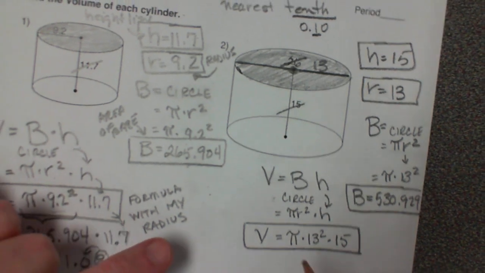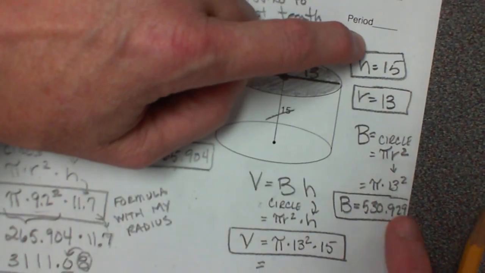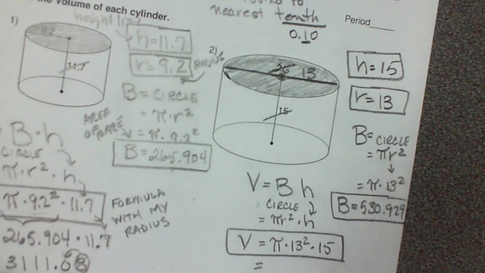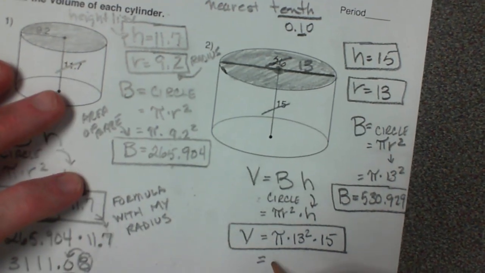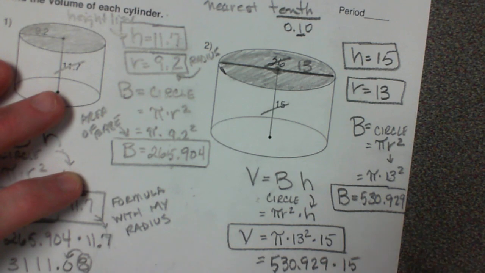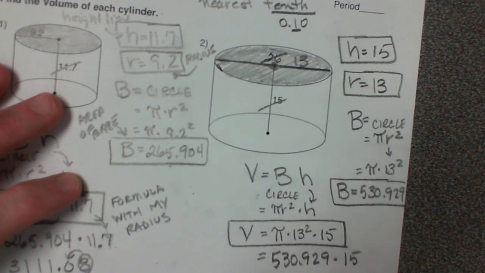Okay, now in order to solve, I want you to see that we're simply taking these two numbers, the area of the base, which you found here, and the height line, and we're going to multiply them times each other. So the area of the base is 530.929. I'm going to multiply that times 15. How tall is this thing from base to base?